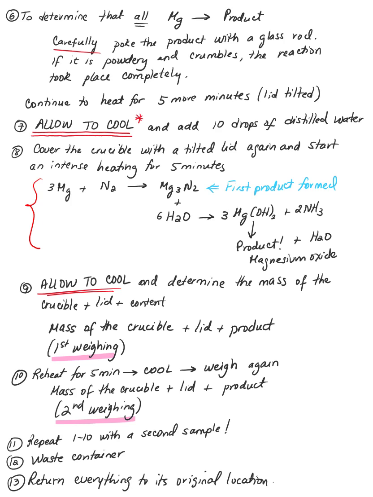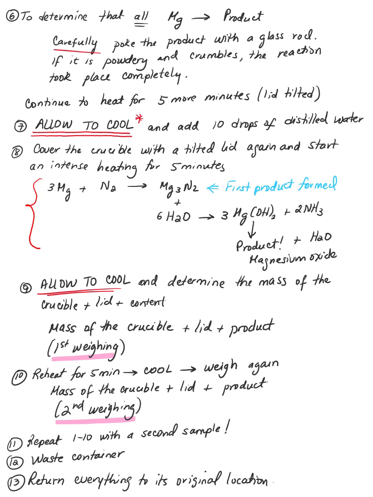Use your tongs and use the wire gauze to move your crucible from your station all the way to the mass balance, and remember to use the same one. You use a mass balance for your empty crucible, the same one for your crucible with the magnesium, and you're going to use the same one to weigh your crucible with your product.